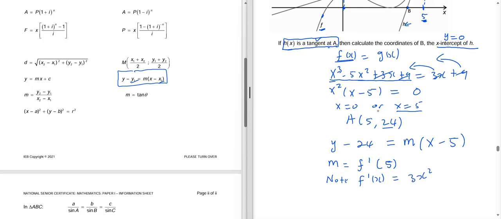We drop down the 2, it will be minus 10x. We will differentiate that 3x, it will be plus 3. And then we are going to say m is equal to f prime of 5, which is equal to 3 times 5 squared minus 10 times 5 plus 3.